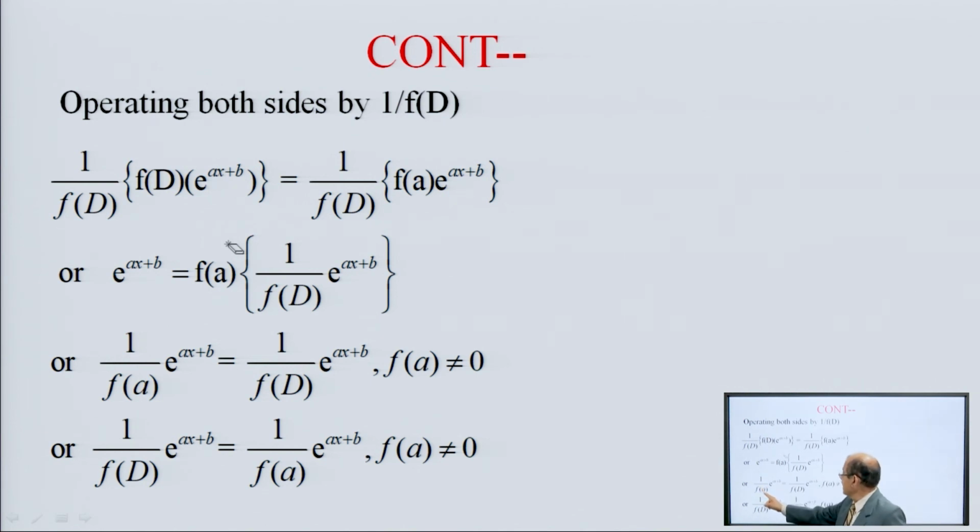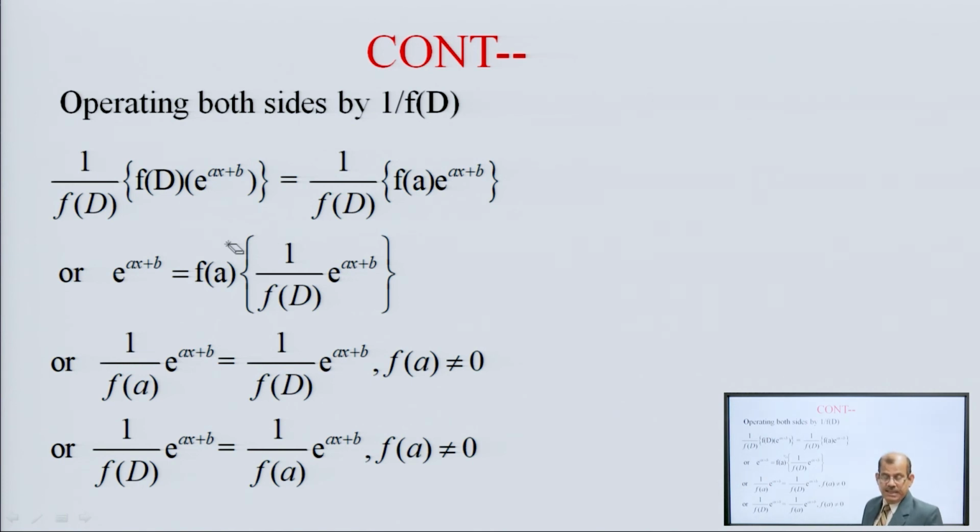Or 1 by f(D) e^(ax+b) is equal to 1 by f(a) e^(ax+b), when f(a) is not equal to 0.